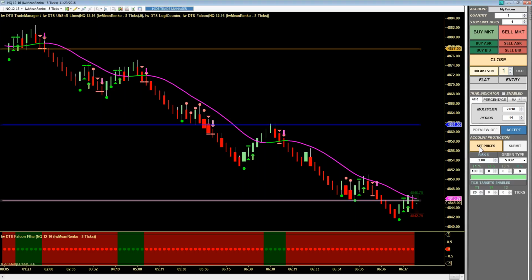What the Trade Manager does is it has two components to it. It has a Risk Manager component, and it has what we call the Profit Manager component. I'll do the Profit Manager first. These blue dots that you see here, these are one of the 16 different stop strategies that the Trade Manager has available.